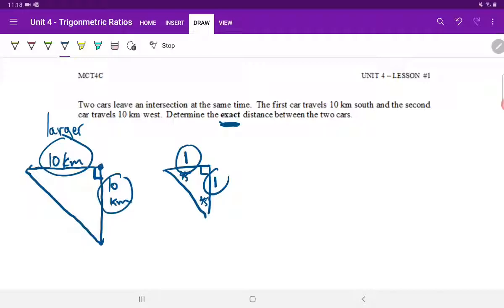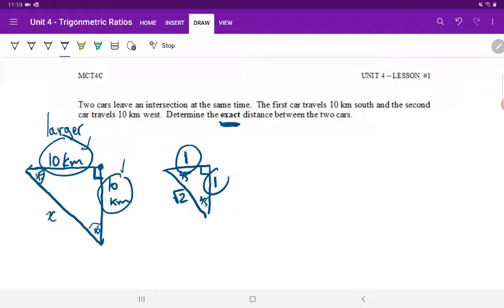And the one that matches up with these legs being the same distance is my 45-degree angle triangle. So I know that these must be 45 degrees. If those two legs of the triangle are the same, those have to be 45 degrees. So now, if I know that this is supposed to be square root of 2, I need to figure out what this is, x.